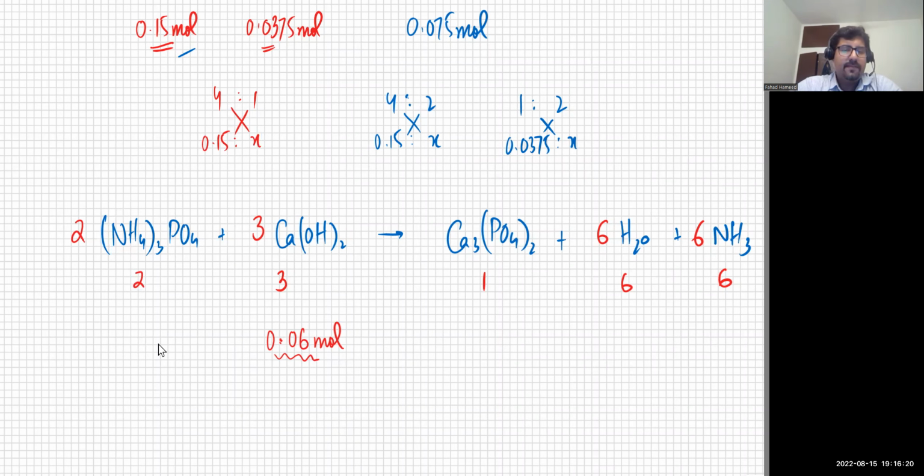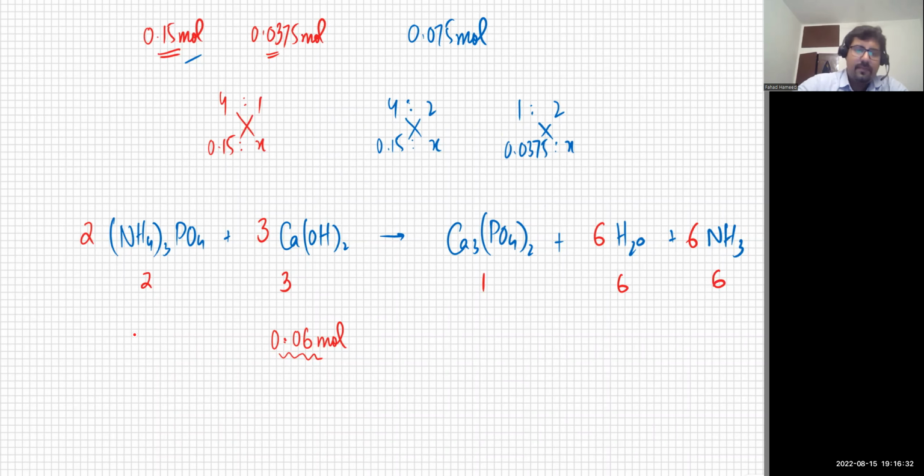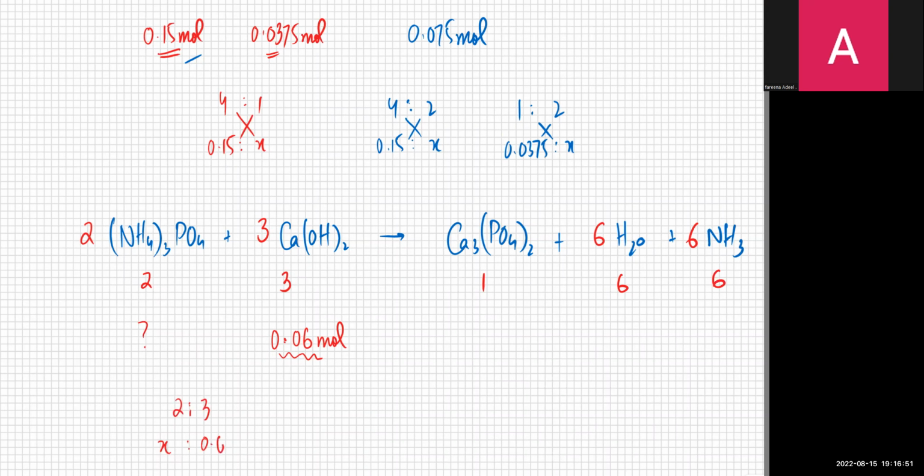What will you get for this? Tell me what the answer to this is. It's 2:3, X ratio 0.06. Anyways, it comes out to be 0.04 moles.